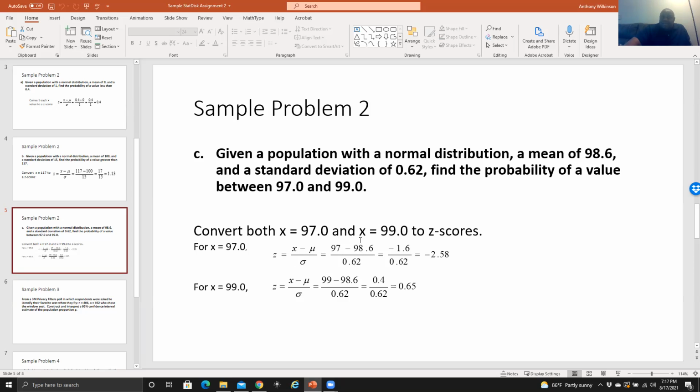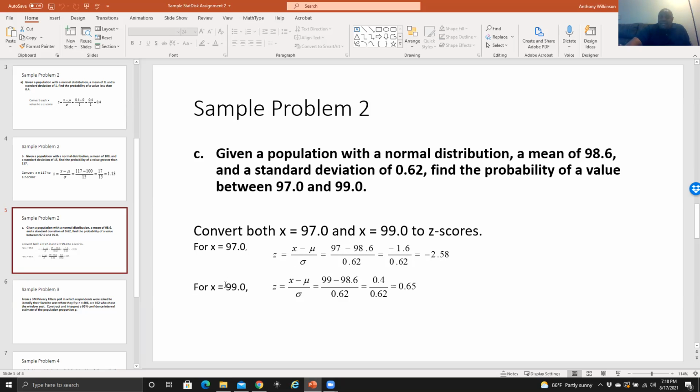Simplify this: 97 minus 98.6 is negative 1.6, divided by 0.62. You'll end up with negative 2.58. So the z-score for the value of 97 will be negative 2.58.